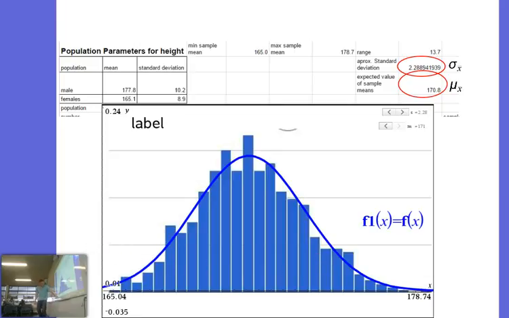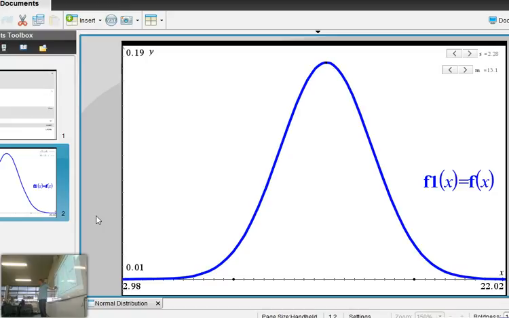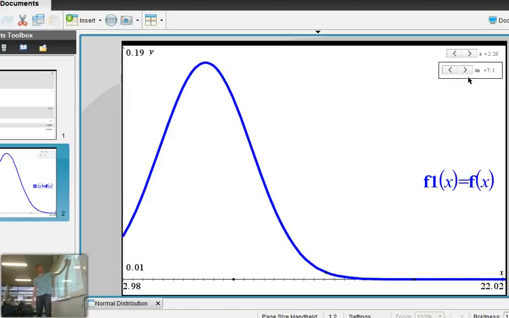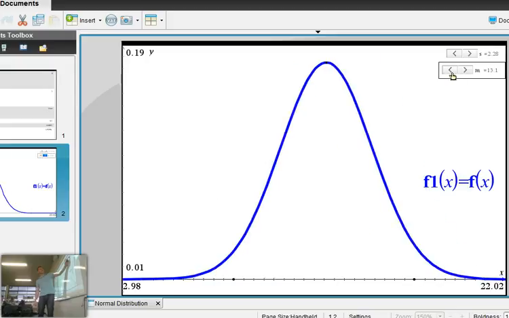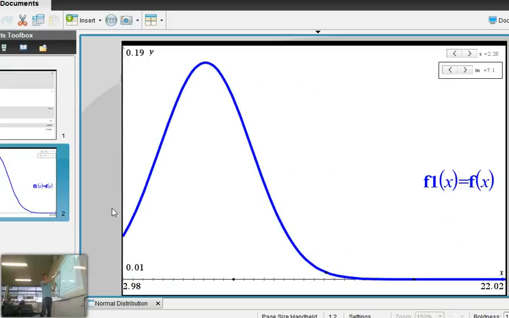Now we can examine the shape of our normal curve by changing two things. We can change the mean, and we can change the standard deviation. So this quantity here is the mean. If I decrease the mean, then the center moves down the scale, moves down the x number.